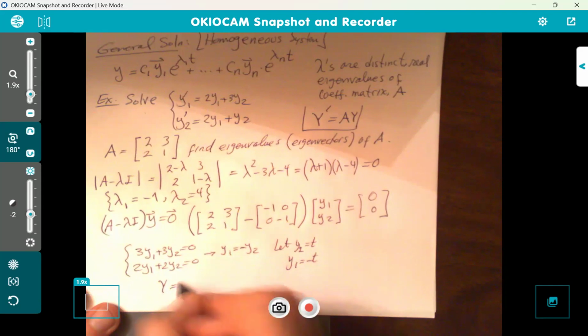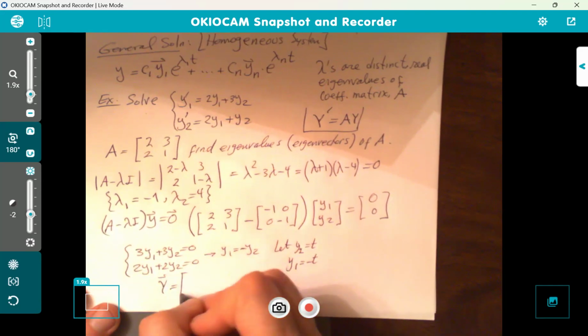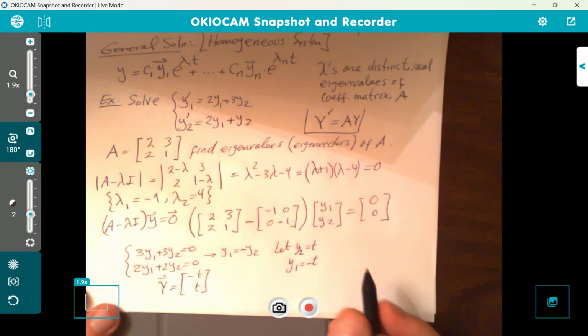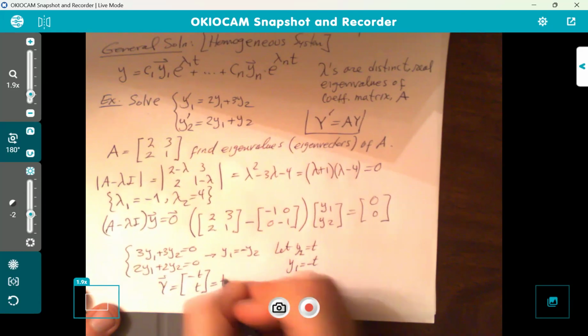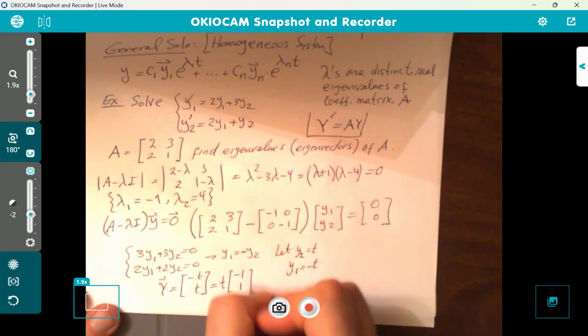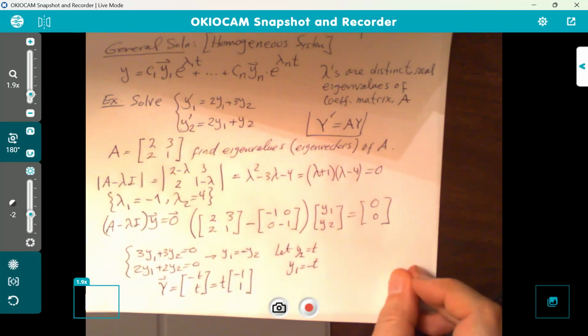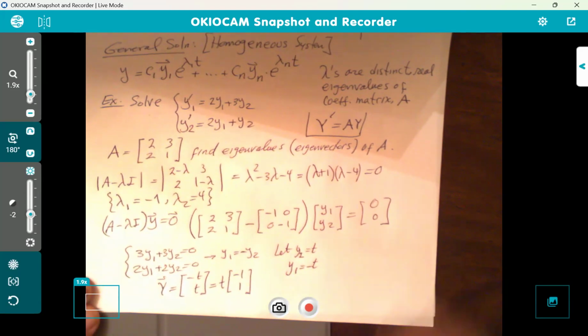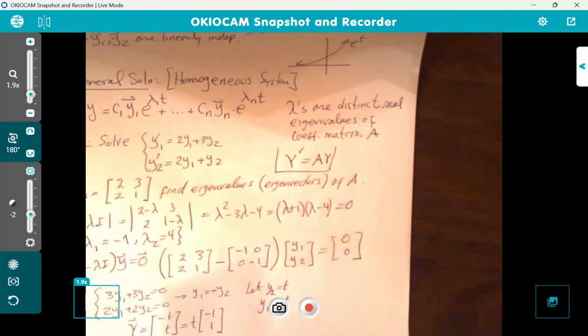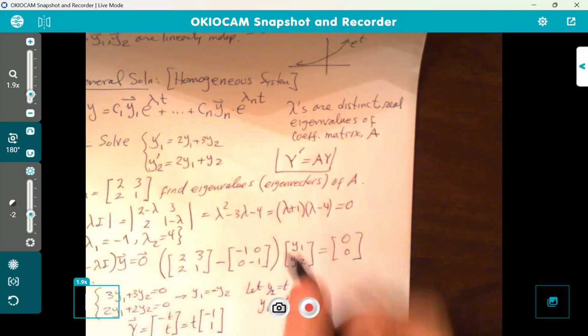And with this, we have the solution vector, right? Y would be negative t, t, factor a t out, and there you go. This would be the eigenvector corresponding to A minus lambda I. And by the way, the lambda I used here was this one, negative 1.